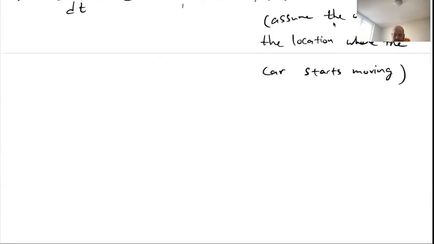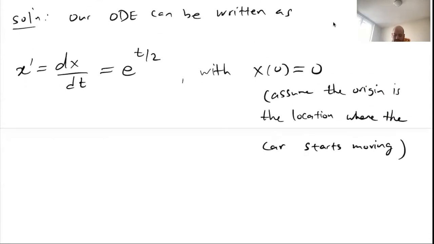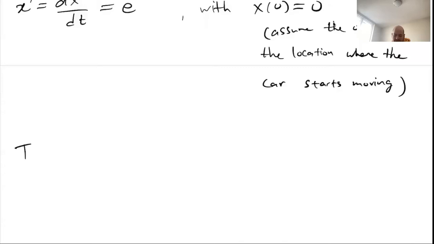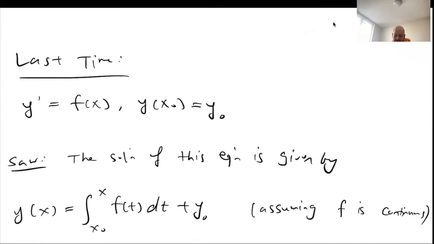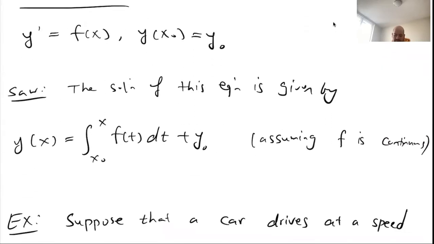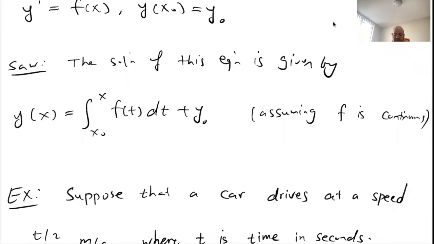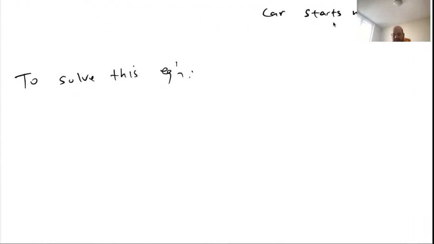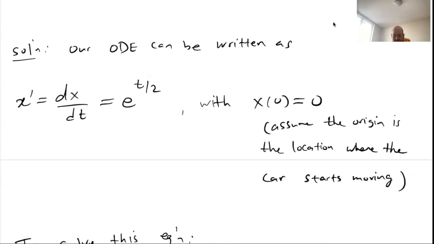Okay, so now we can use our formula to solve this equation. Remember the formula that we had here? The formula that I wrote previously was with the assumption that x is the independent variable and y is the dependent variable. But right now, t, or time, is the independent variable, and x is the dependent variable, or our function basically.